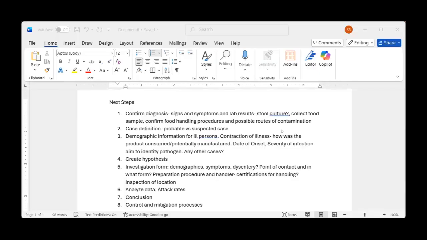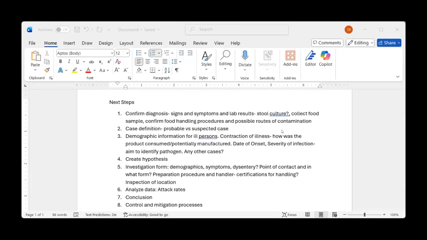It would include, now that you know where the source was, ensuring that the company discontinues any further sampling of these products.